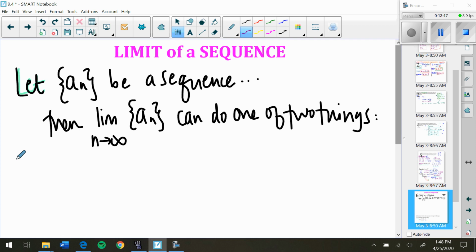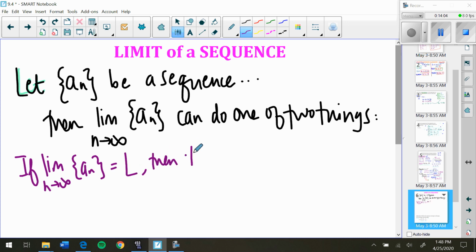So I'll give you these definitions first. If the limit as n approaches infinity of this sequence, a sub n, is actually equal to some number L, then we would say the sequence converges, meaning gets to a value.